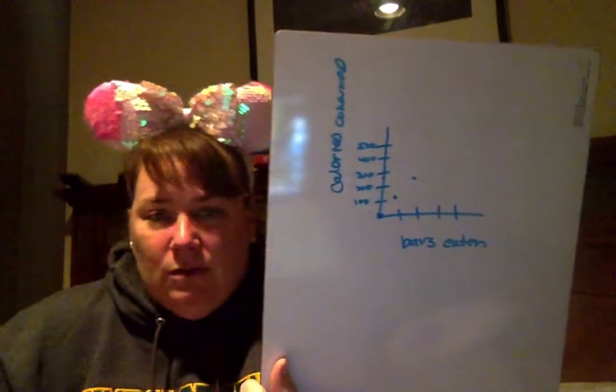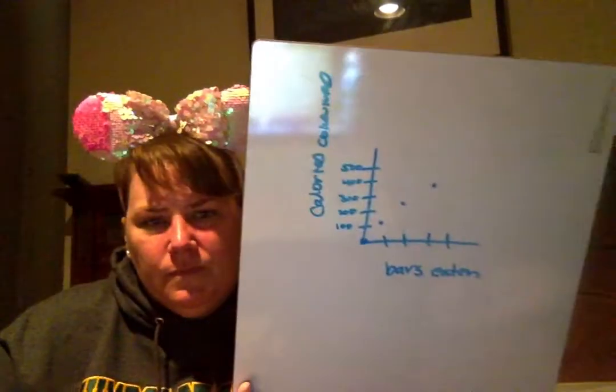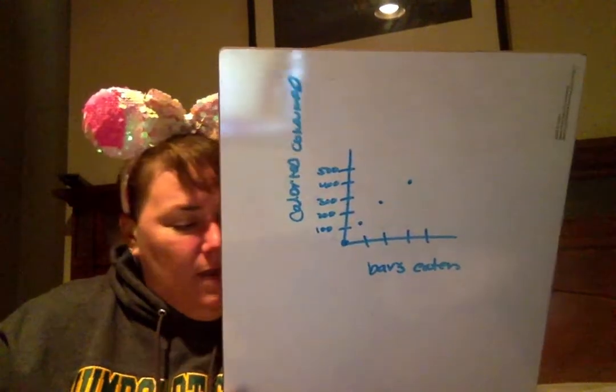Smidge more. You're just going to do your best guesstimate on this. 3 is 390, so that's going to be closer to 400. And then 4 bars is 520, so just a smidge over 500.